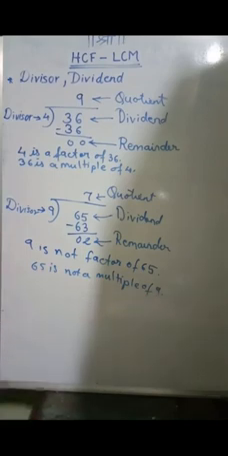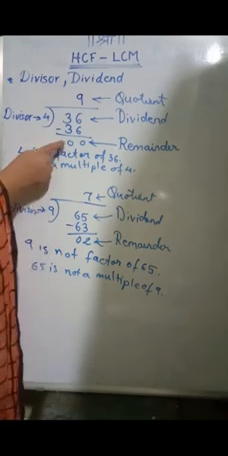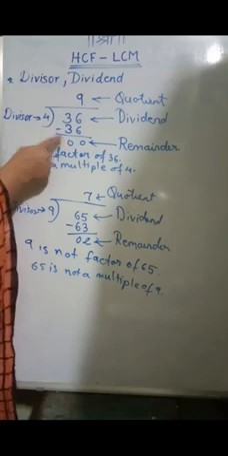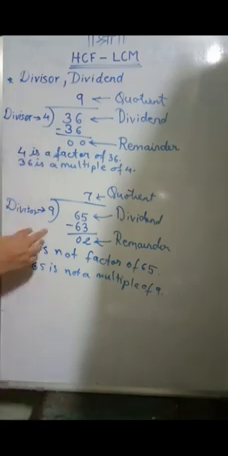Therefore 65 is not divisible by 9. Did you understand, children? Whenever we get remainder 0, the numbers are divisible, and whenever we don't get remainder 0, the numbers are not divisible.